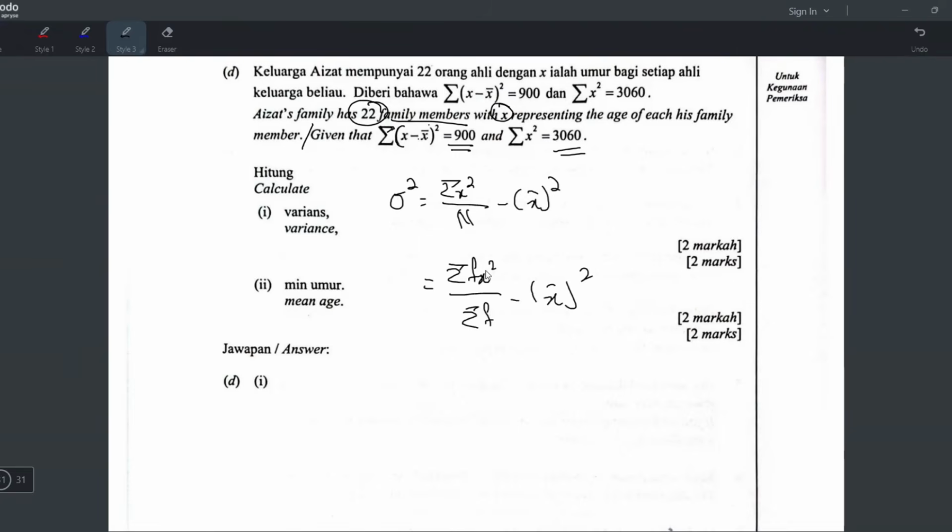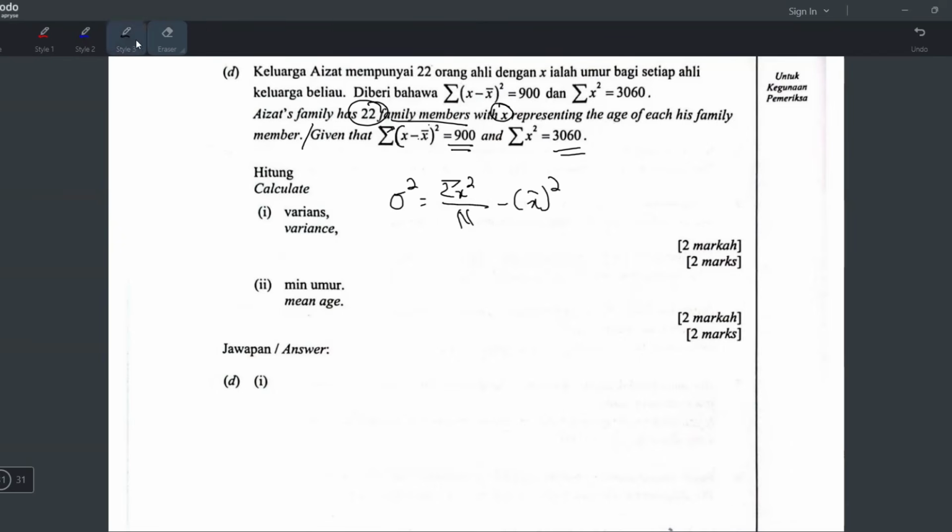And if it's grouped data, you need to use the midpoint for the x. But for this question we will not be using that, because there's no frequency here and it's not grouped data. So I think this must be the formula we will use.